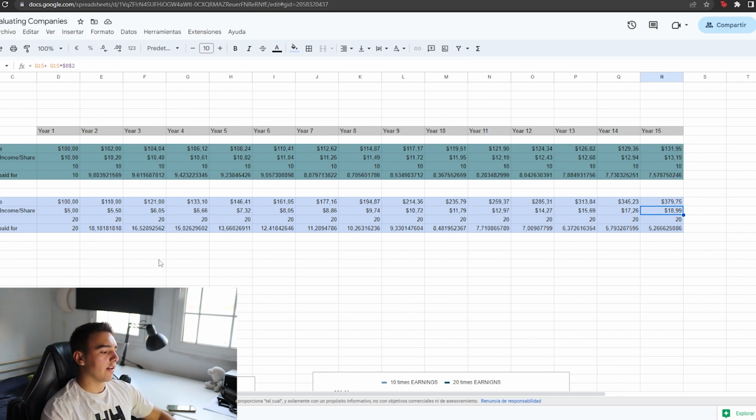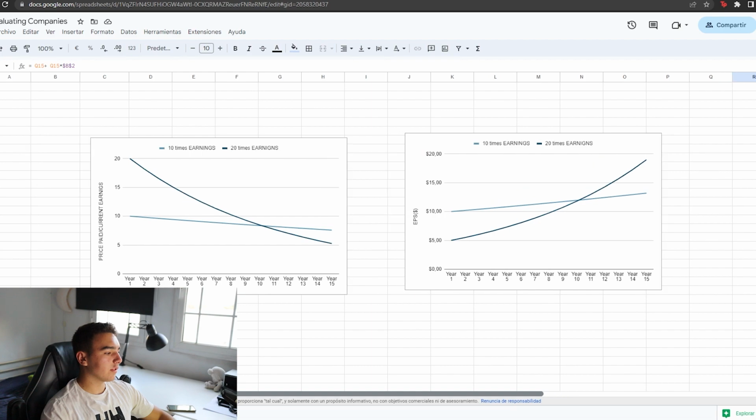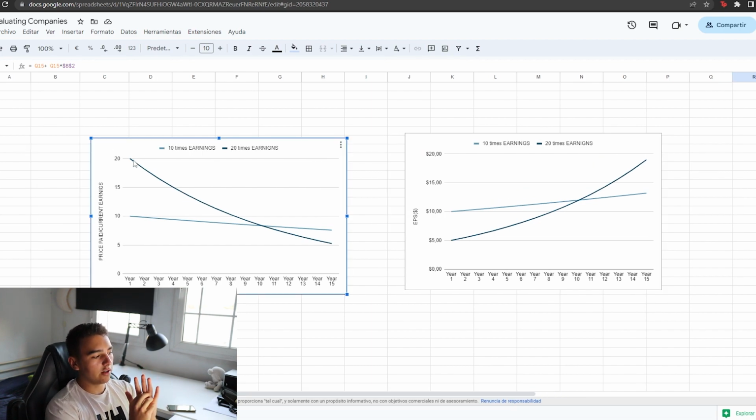So I have graphed this here. These are what you have paid for the earnings. On year 1 you would have paid 20 times earnings for company B, and for company A 10 times earnings. So as you can see, company A is cheaper for the first 10 years on a price to earnings ratio.